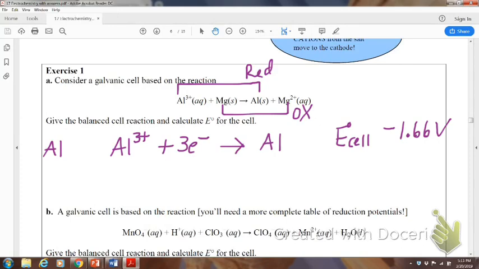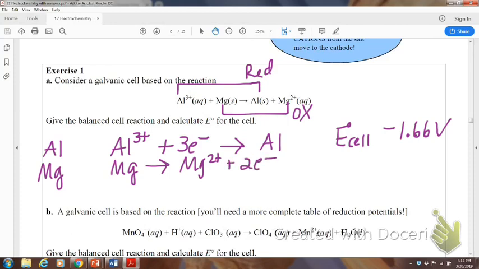And then magnesium is going from the 2+. And we're going to show that it, oops, I did that backwards, I'm sorry. I knew that didn't look right. Magnesium is going to go to magnesium 2+, and then it lost 2 electrons.